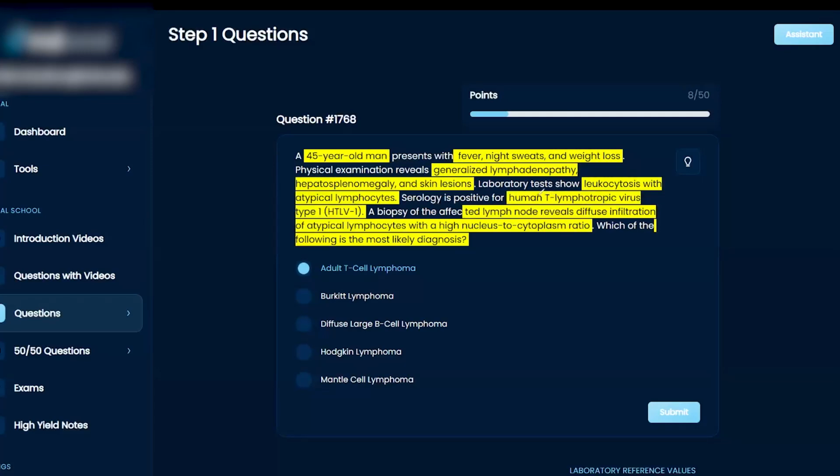I love your train of thought, right? I always say that if it's easy, pick the easy answer and it's usually correct. In my mind, when I see human T, I'm like, oh, it's likely a T cell lymphoma, right? Burkitt's is B. Hodgkin lymphoma is very specific in certain things. Mantle is also B. And then they have different risk factors too. But the only one that should have HTLV should be this adult T cell, and I think it's the only one, right?